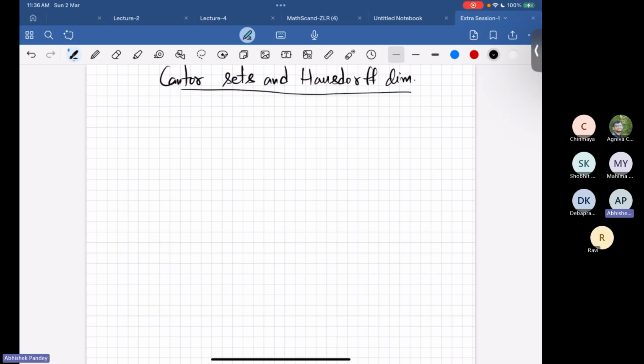I will talk about C lambda, where lambda is between 0 and 1 by 2. I should not say generalized Cantor set because that depends upon other things. What we are going to do is remove intervals, the same way we do for the standard Cantor set, the one-third Cantor set.